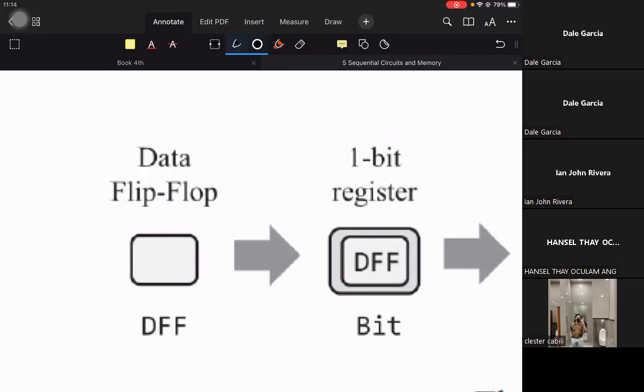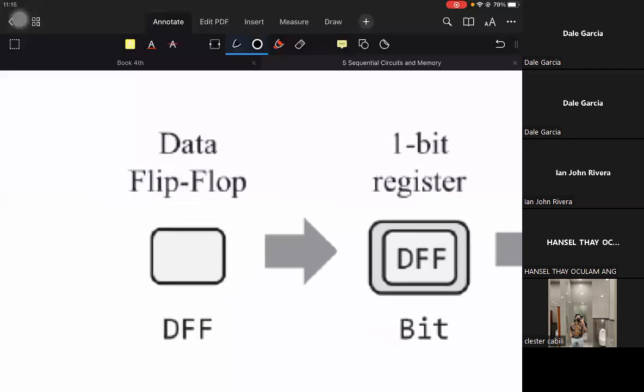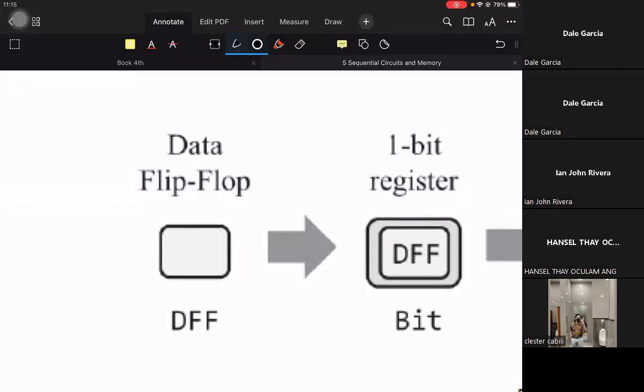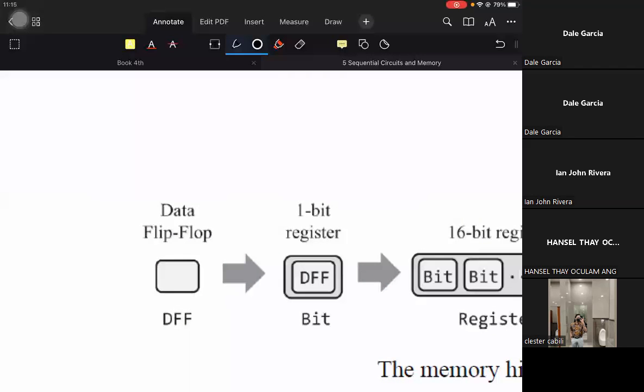I think there are four most commonly used: aside from the D flip-flop, we also have the JK flip-flop, SR flip-flop, and T, or toggle flip-flop. Latches and flip-flops are synonymous devices; they only differ in a few aspects. But what we're going to focus on here is just the D flip-flop.